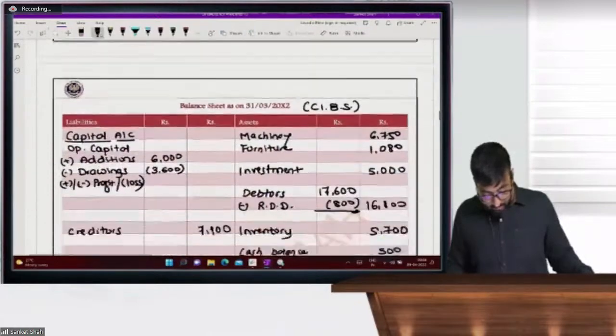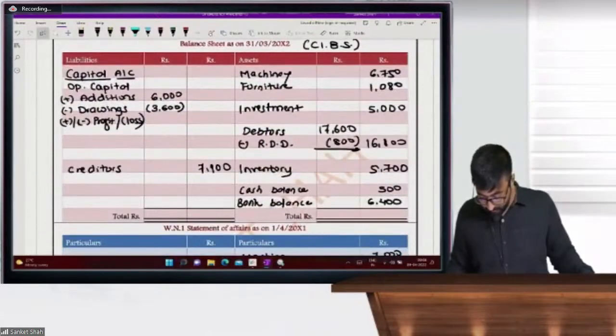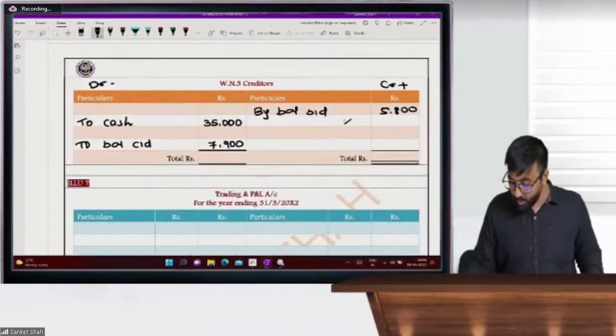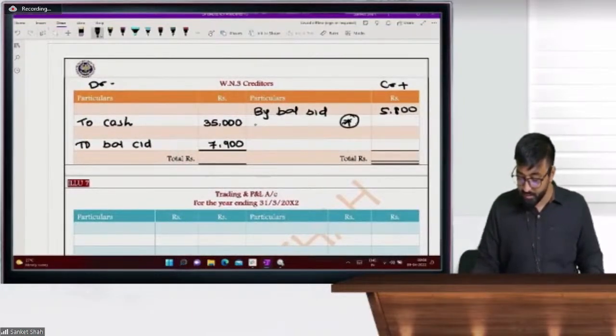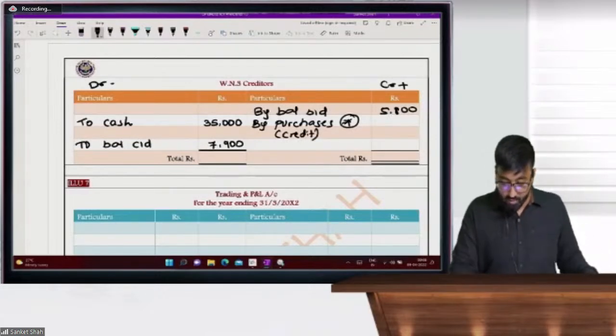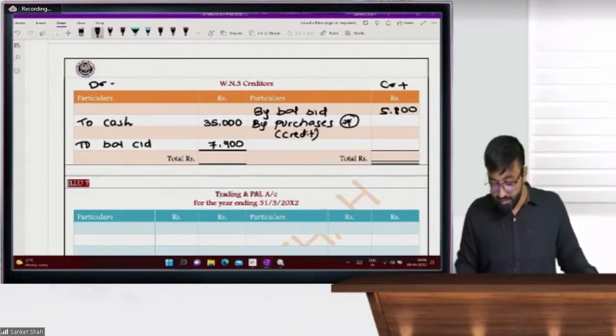Similarly, creditors account. Yes, beta. What is the balancing figure? Particulars: by purchases, credit. Very good. So in the balance sheet, pro formas are very important.